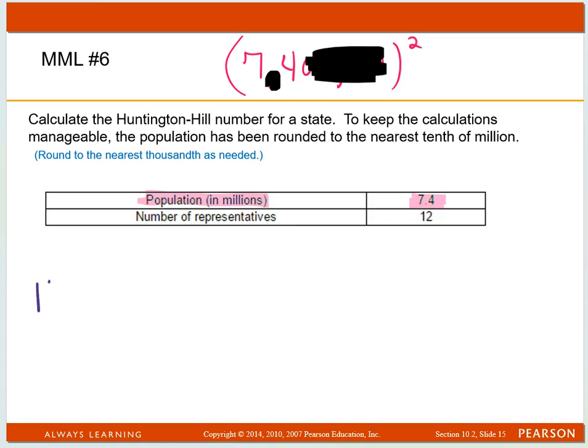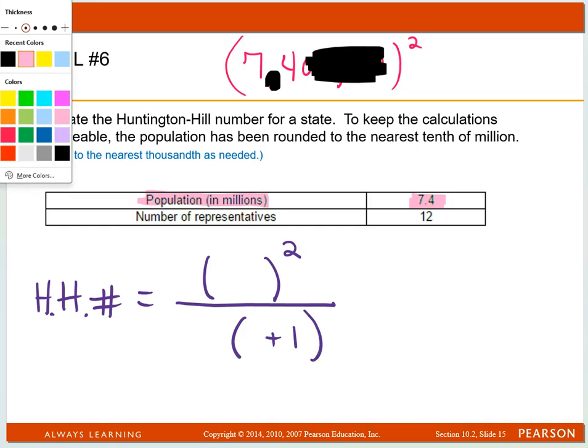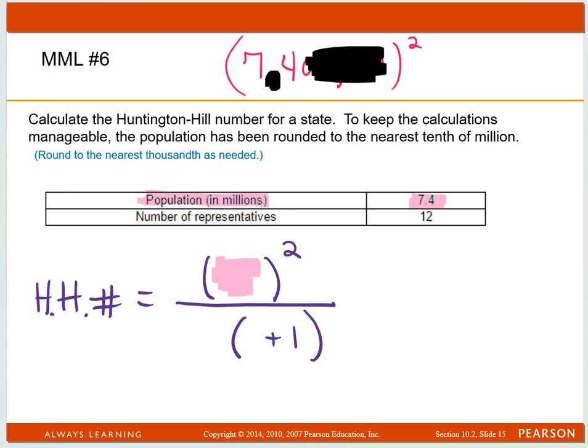So the Huntington-Hill number equals, take your population and square it, and then divide by the current representation times the current representation plus 1. So here's our population. That is the 7.4.